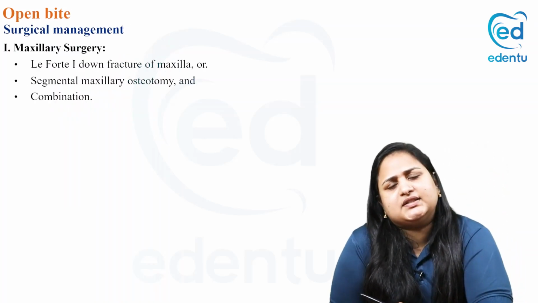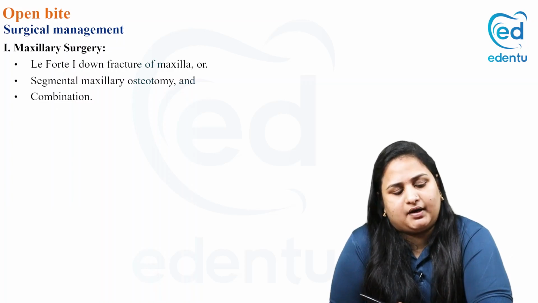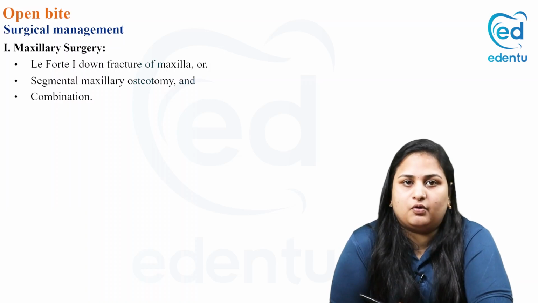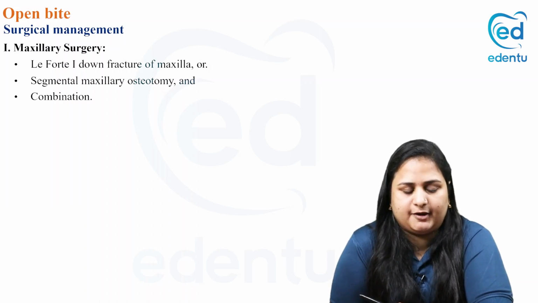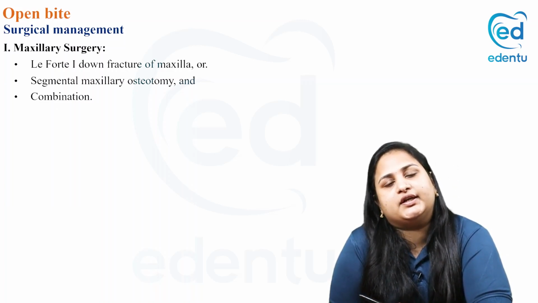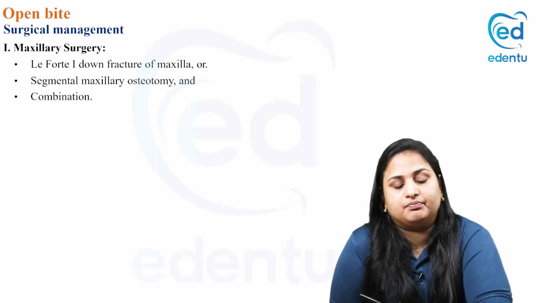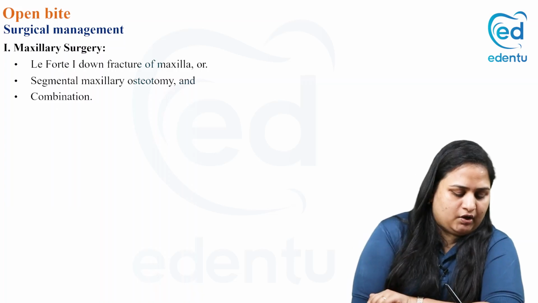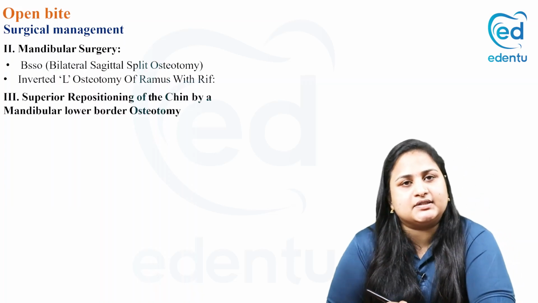The common surgeries employed are maxillary surgery or Le Fort 1 down fracture of the maxilla, and also the segmental maxillary osteotomy, and a combination of both is used in correcting the surgical open bite in adult patients.